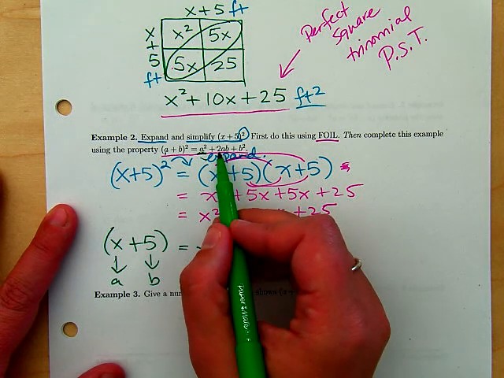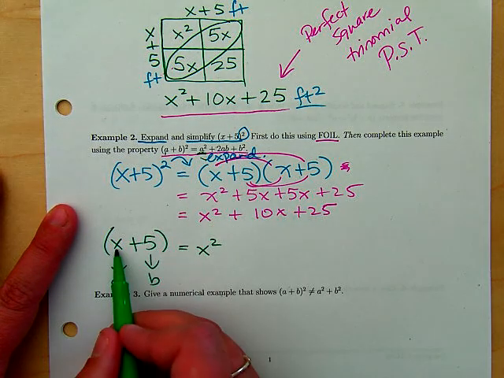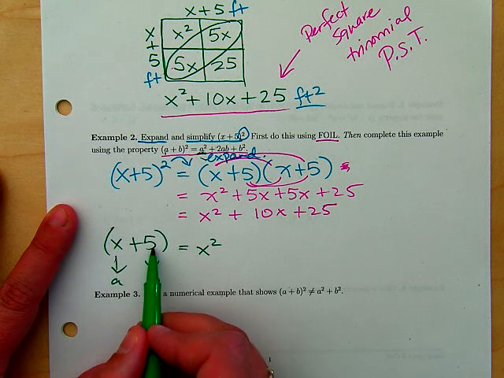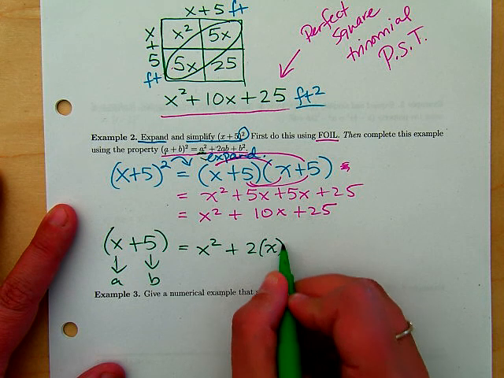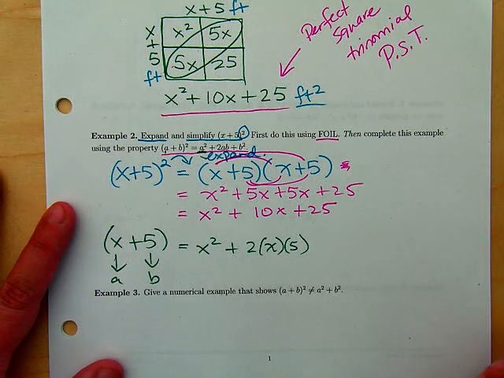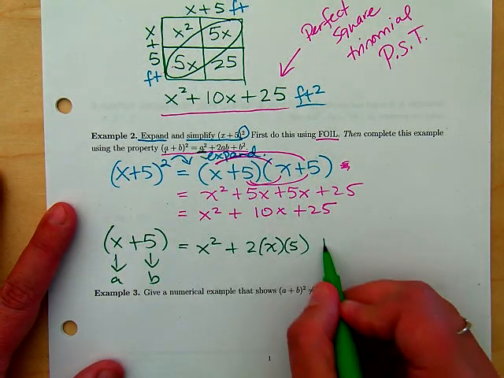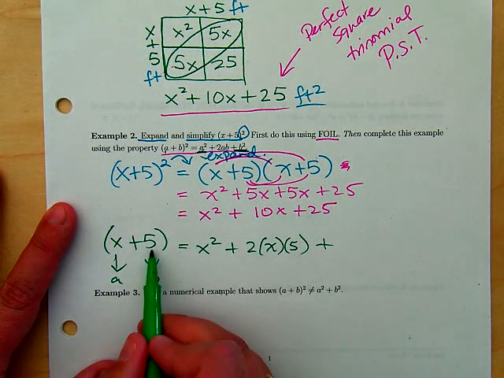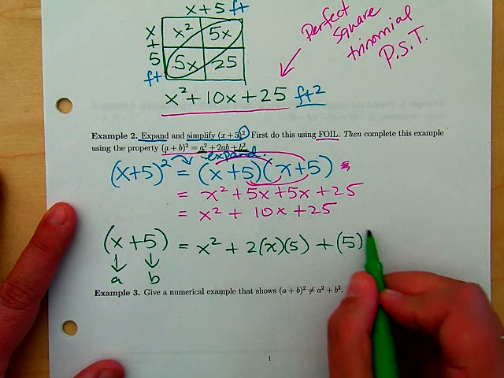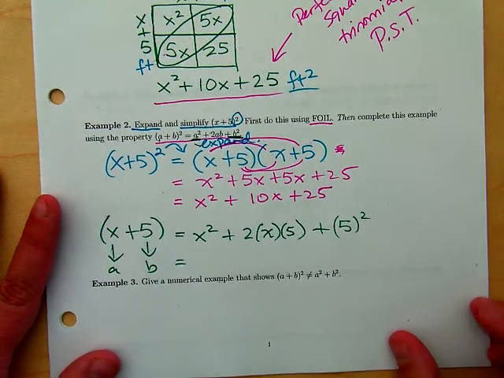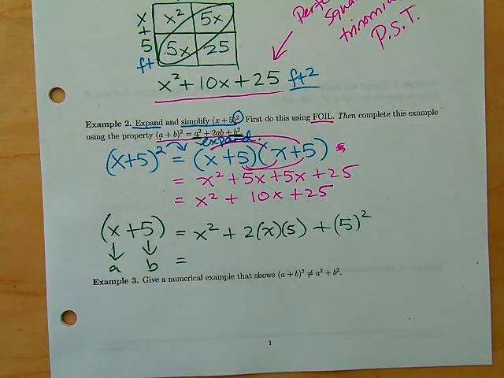Now multiply 2 times a times b. A is x, b is 5. 2 times a times b, okay? And then plus b squared, or square b. So 5 squared. What do I get when I simplify that?